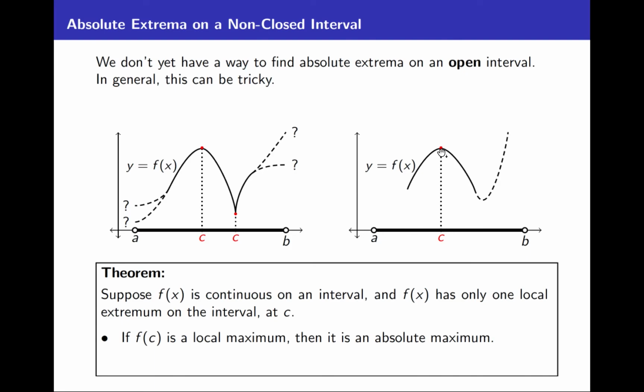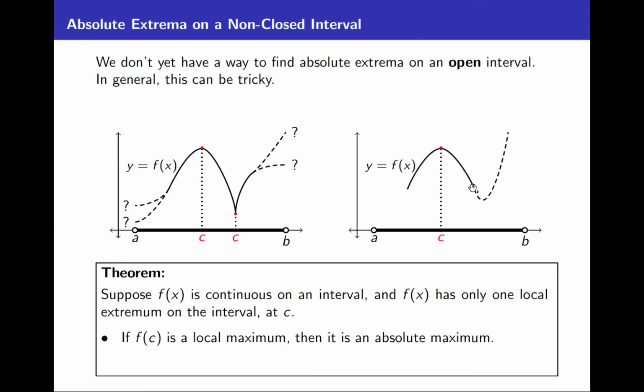And here's why that has to be the case. What if it wasn't an absolute maximum? Well, then you could get higher on the graph. But it's already a local maximum, so either way you move, you're going lower. So moving to the right, maybe you could get to a higher point. So you first go lower, and then imagine it did happen that you could go higher over here.